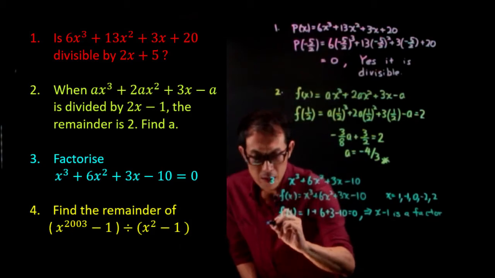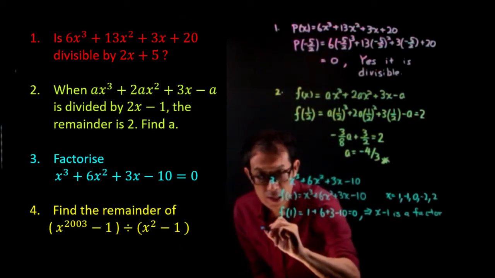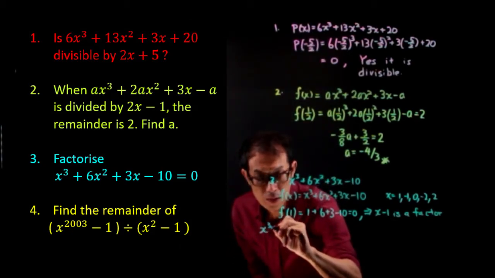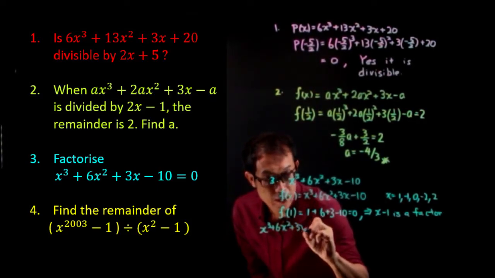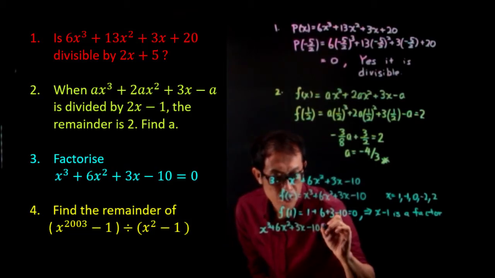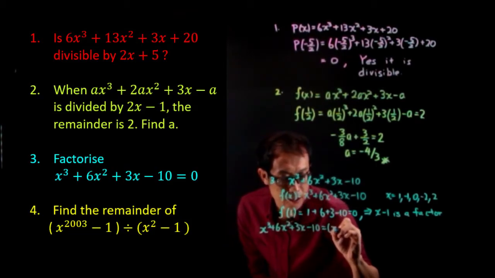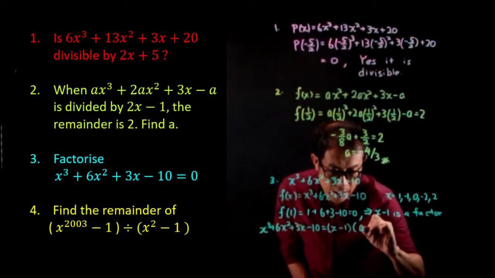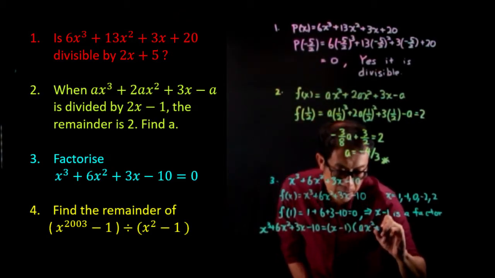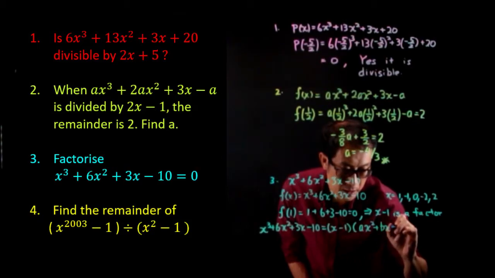Okay? So we can write x cubed plus 6x squared plus 3x minus 10 as equal to x minus 1 into ax squared plus bx plus c.